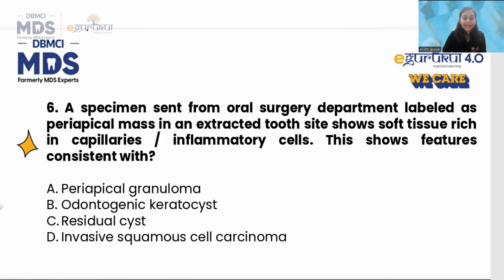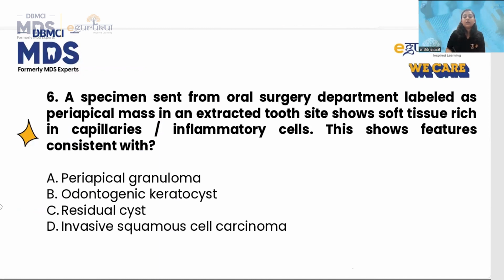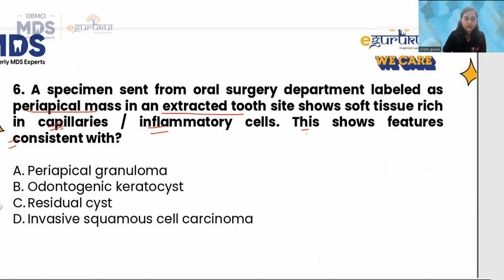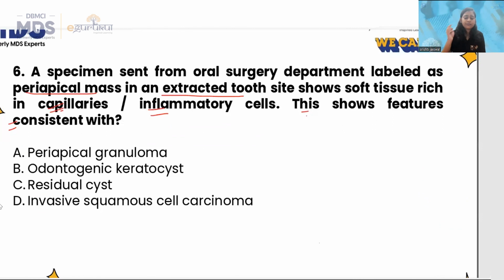Now coming to our next question: a specimen sent from the oral surgery department labeled as periapical mass in the extracted tooth shows soft tissue rich in capillaries and inflammatory cells. This shows features consistent with, okay. While you would have done your extractions in your final year, many times you would have come across this periapical mass.